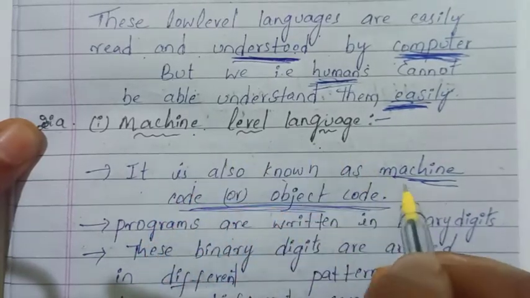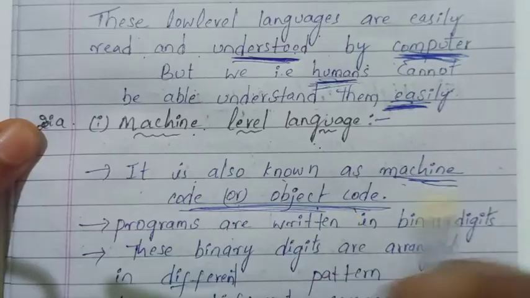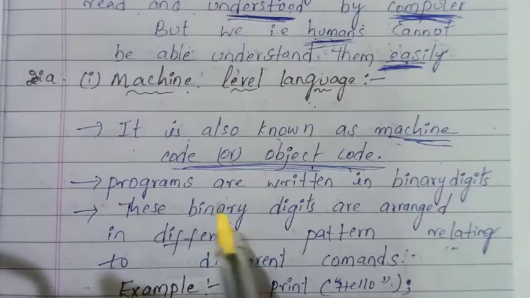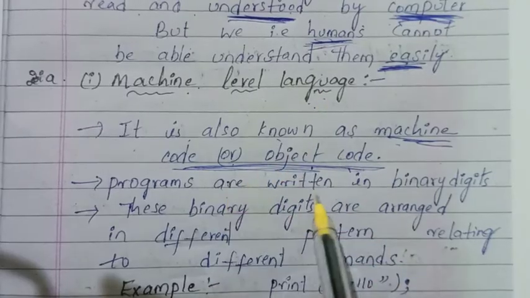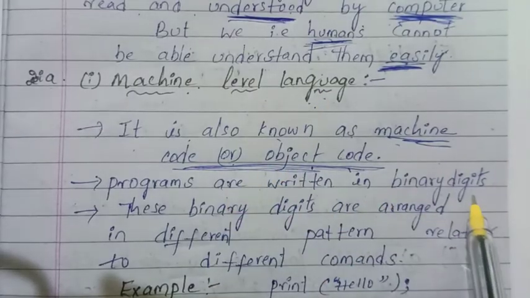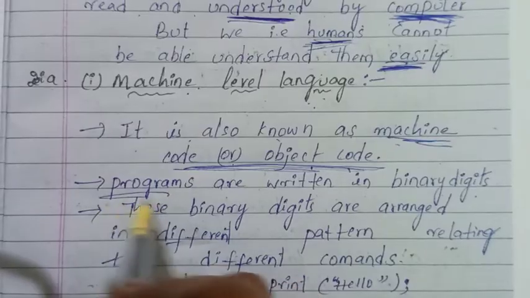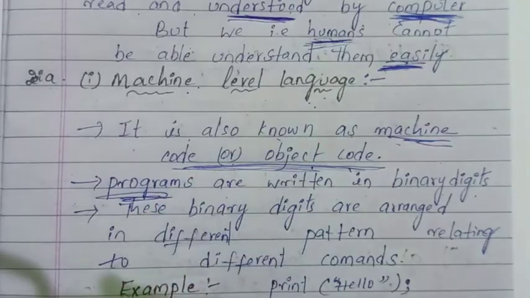So another name of machine level language is machine code or object code. And in machine level language, programs are written in binary digits. So basically, what is a program? A set of instructions.